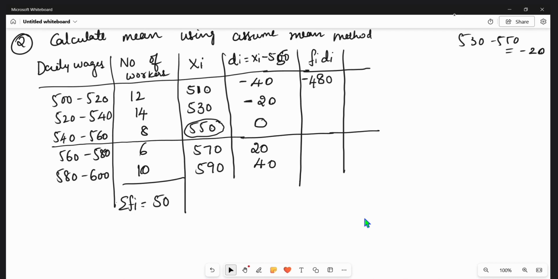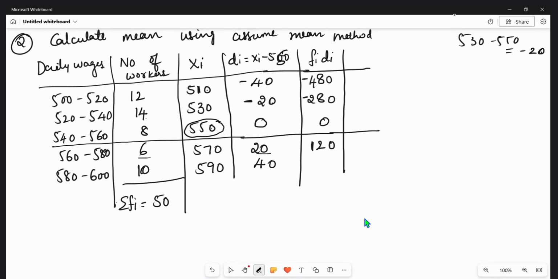Minus 480. Then minus 14 into 20 is minus 280. Then di is 0, here it is 0. Then 6 into 20, so we'll get 120.